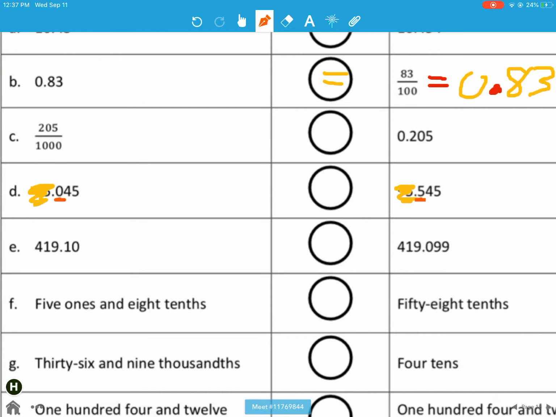So therefore, I should know that 0 is less than 5. So 0 tenths is less than 5 tenths.